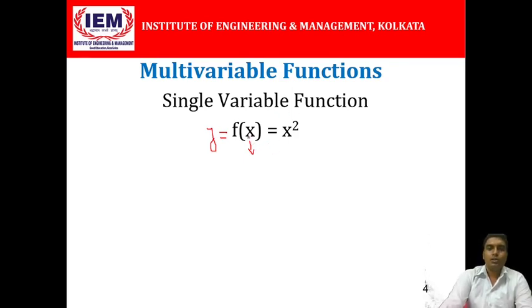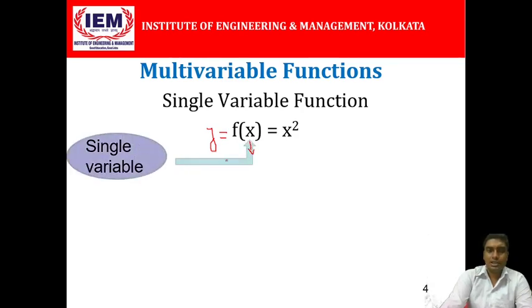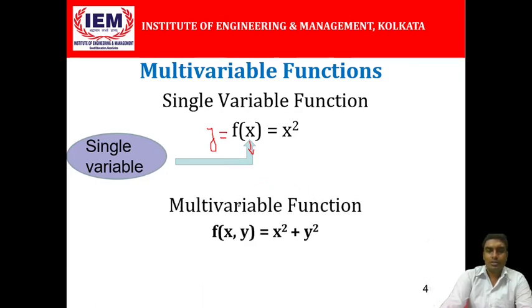Now instead of only a single independent variable, in the case of a multiple variable function we have more than one independent variable. In this function, f(x,y) equal to x square plus y square, we have two independent variables.